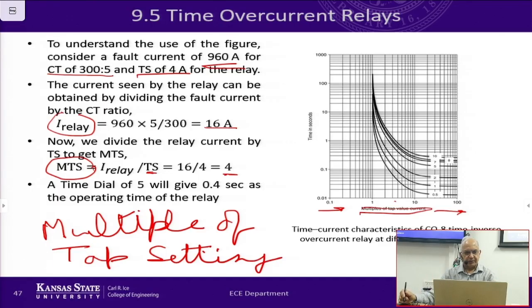And then if we have MTS of 4, and it's given that the time dial is 5, we'll use this 4 and go up to the time dial of 5, to about right there. And then read the time, which is right at this point, 0.4 seconds, that's right.